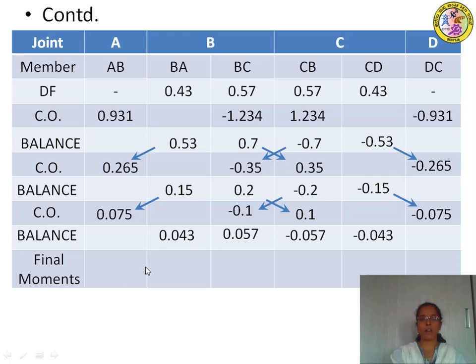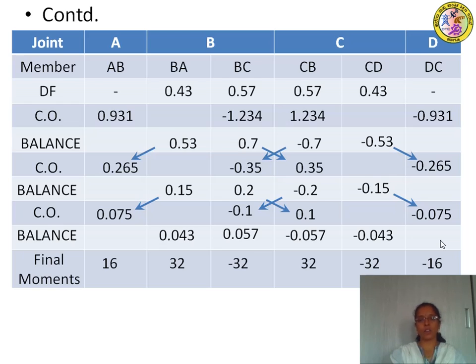If you add all those values, we will obtain the value of MAB as plus 16, MBA plus 32, MBC minus 32, MCB plus 32, MCD minus 32, and for MDC it is minus 16. So these are the support moments using which we have to calculate the support reactions, and we have to plot the bending moment diagram as well.